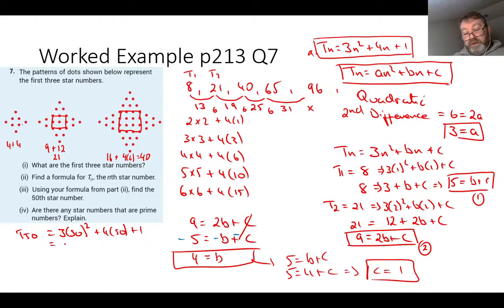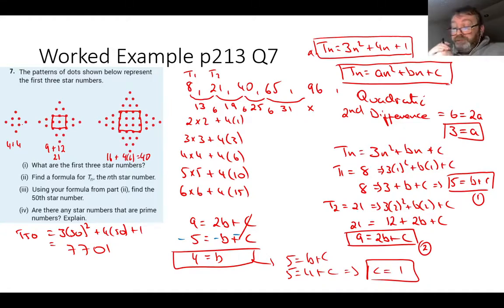So 50 squared multiplied by 3, and then we add on 200, and we add on 1. And the answer is 7,701. So that's it. So the 50th star number is 7,701.